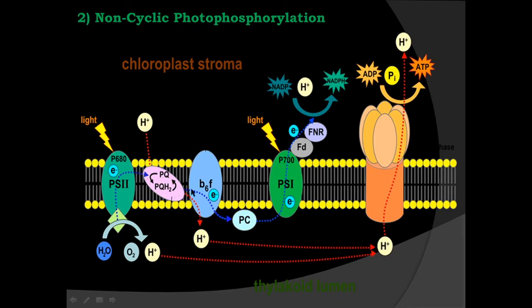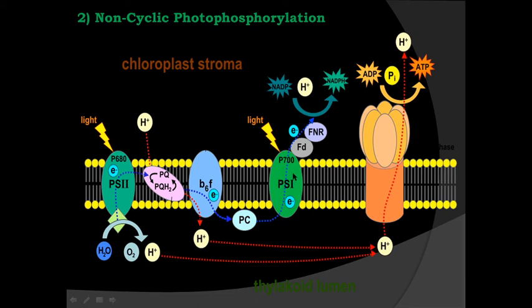In between plastoquinone and cytochrome B6, a small amount of energy is released. It is captured by ADP and inorganic phosphate and converted into ATP. One molecule of ATP is synthesized and now these energyless electrons move towards plastocyanin then pigment system first.